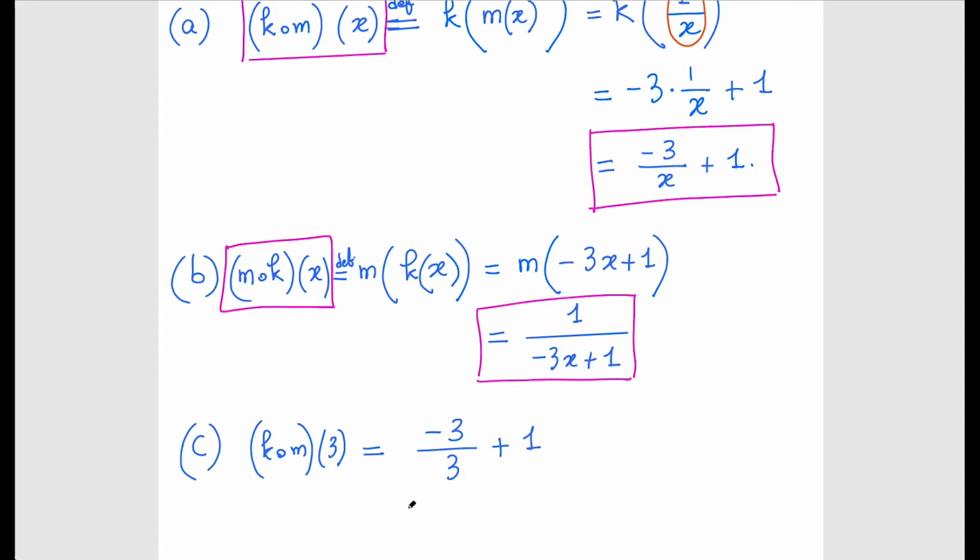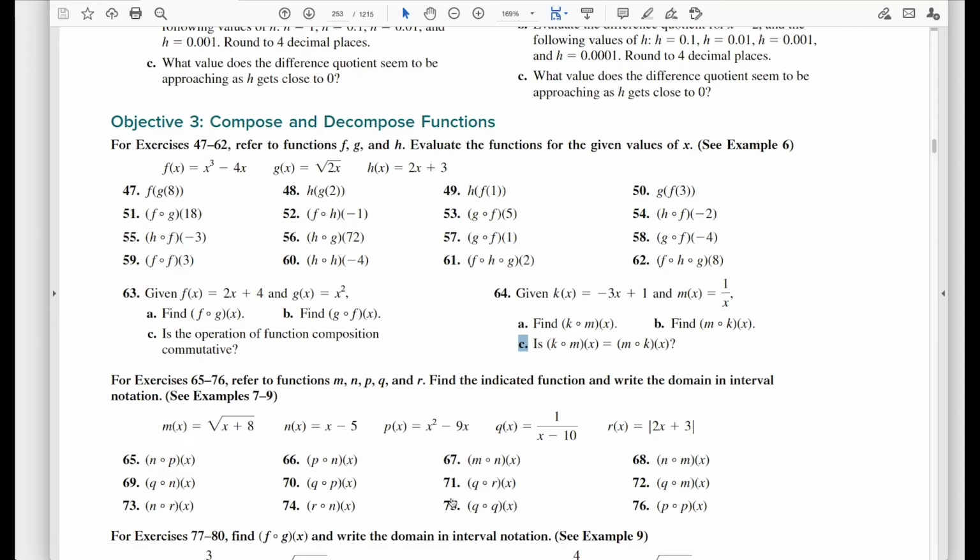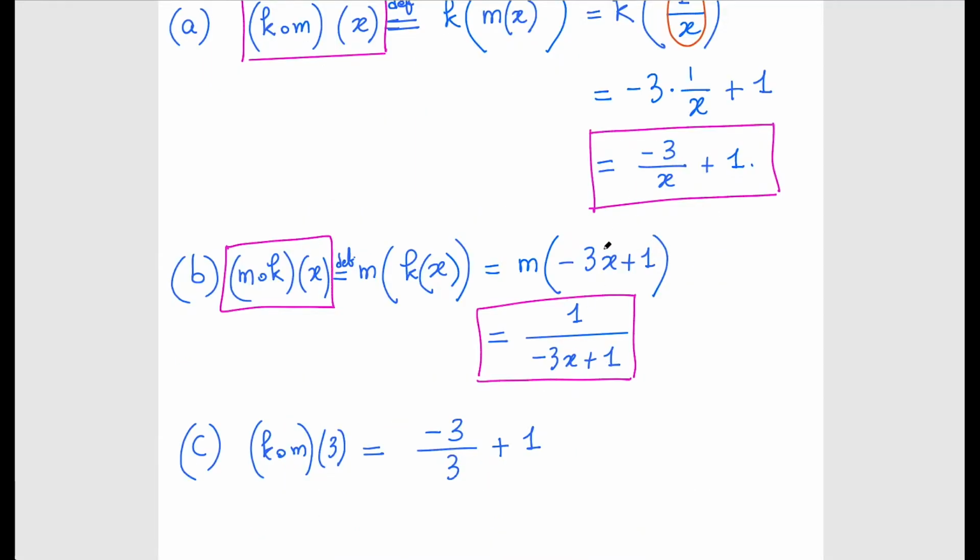Don't forget, I'm trying to show, the question is, are they the same? If you reverse the order of the composition, do you get the same answer? Apparently we don't. The two outputs are different. To make the case that they're not the same, it suffices to find an x where this expression is different than this expression for the same x. I'm choosing the x to be 3.